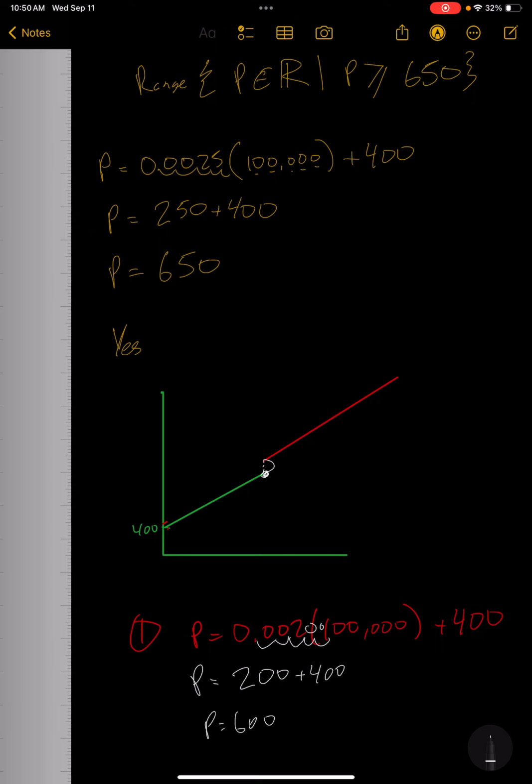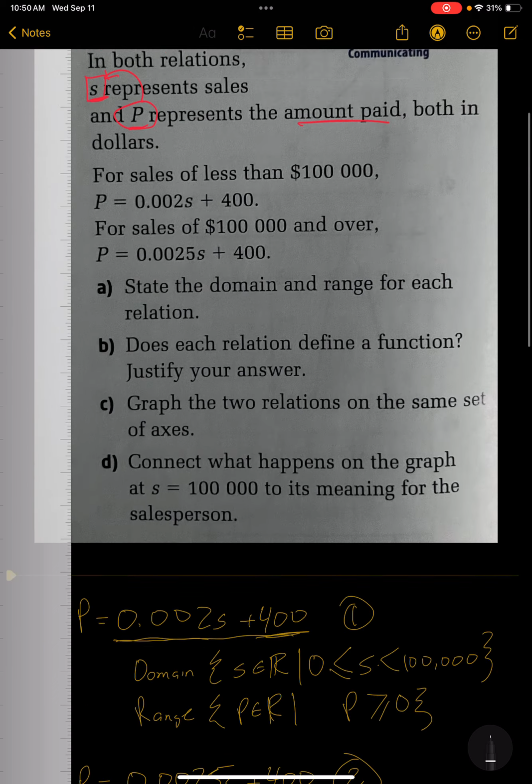So here, if this was defined, it would be 600. And because the other is defined here at 650, the difference between the first relation and the second relation is $50. That's a bump of $50. The moment you hit 100,000, you get a bump in pay of $50, and a more accelerated rate for your future sales. And that's how you do question 16.